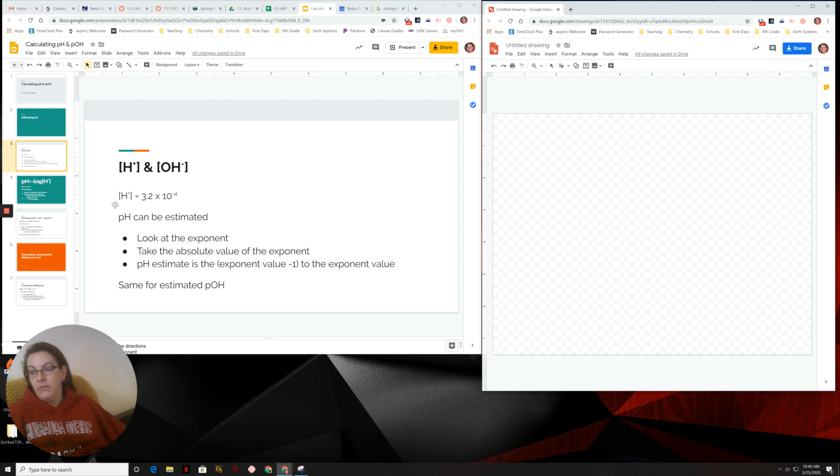Now, right here, I have given us an example of a hydrogen ion concentration of 3.2 times 10 to the negative fourth. This is how you can estimate the pH, because estimating the pH is going to help you know if the pH that you calculate is probably correct, okay?